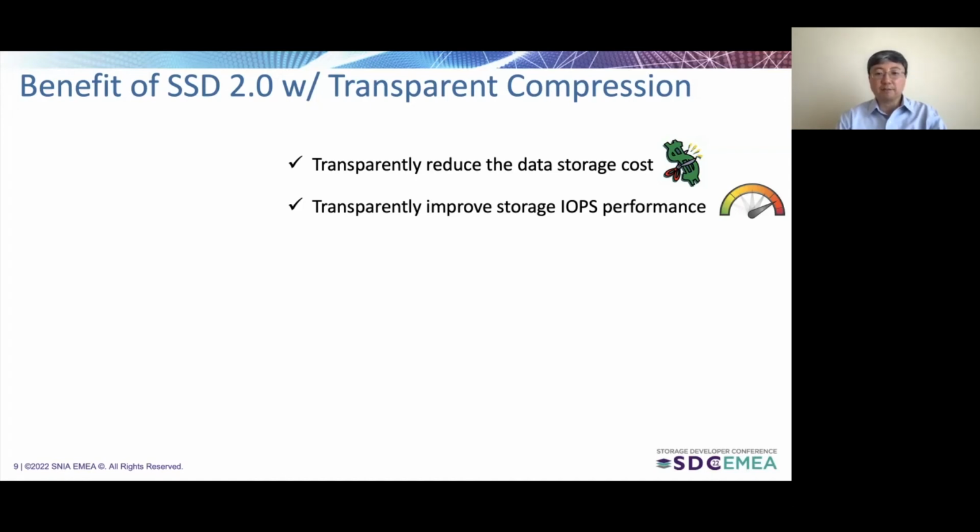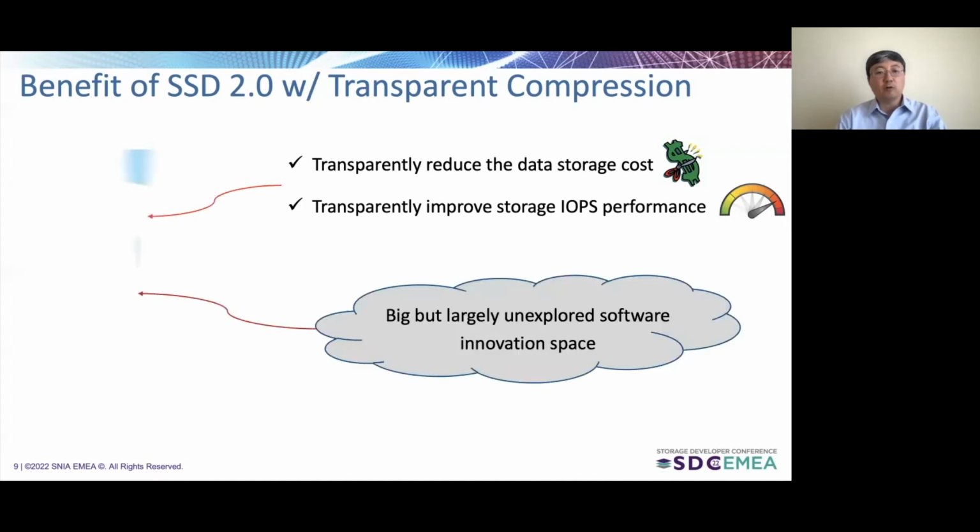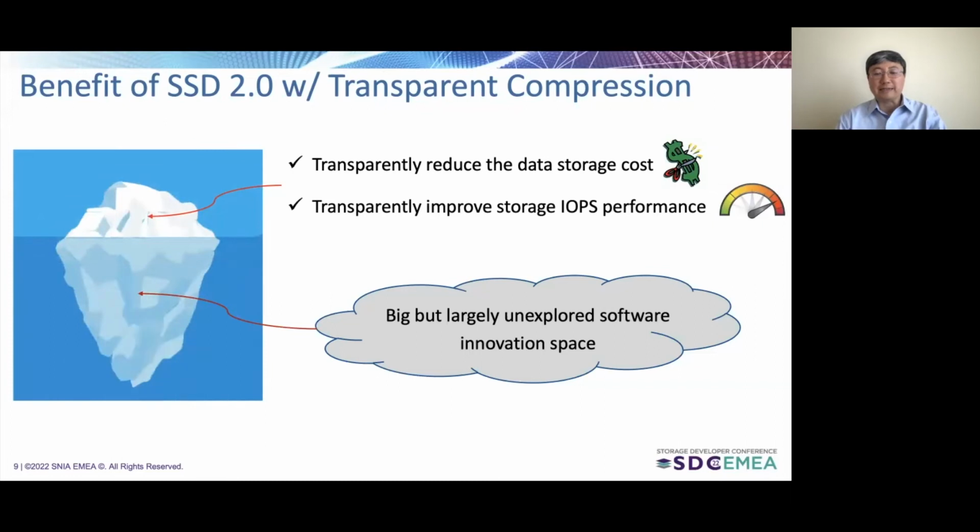Beyond the obvious benefits as listed here, transparent compression actually opens a door to very exciting innovations that, however, remain largely unexplored. The more we could exploit such a hidden potential, the more we could establish a favorable cost versus benefit trade-off to justify the commercial value of SSD 2.0.